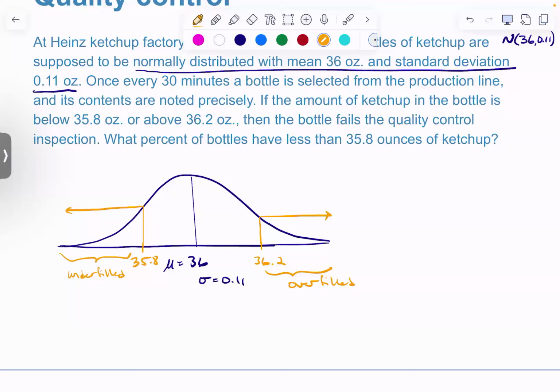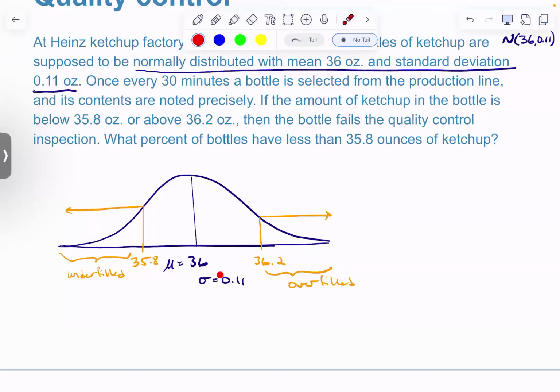Can I change the 36.2 to something more interesting? Why do I think it's boring? Let's talk about that. 35.8 is 0.2 below 36, and 36.2 is 0.2 above 36. What does that tell me?